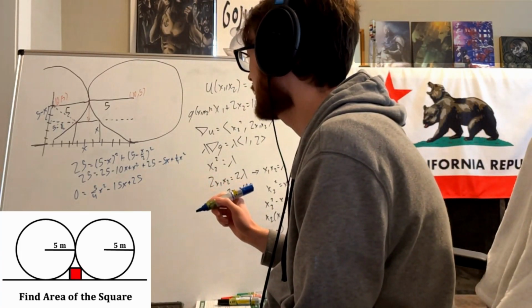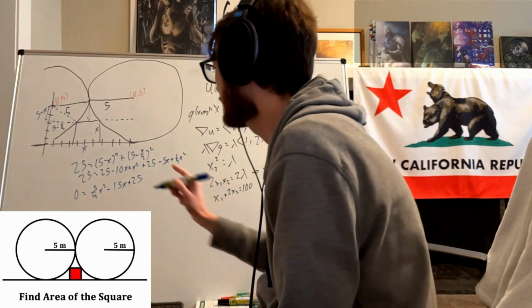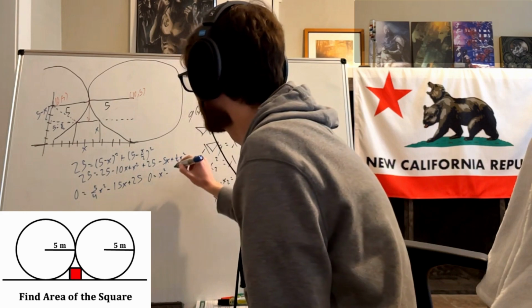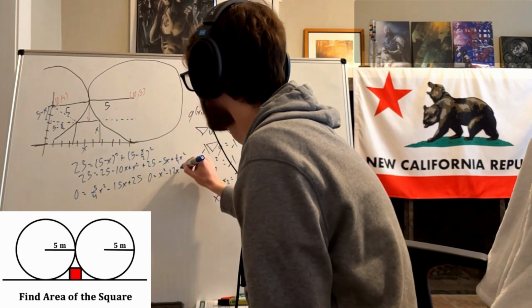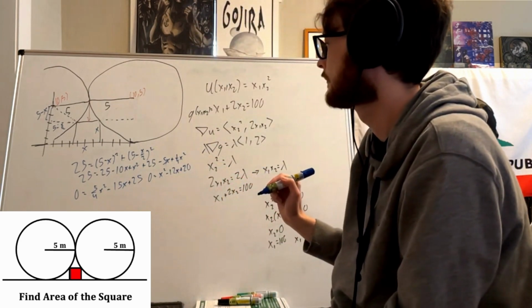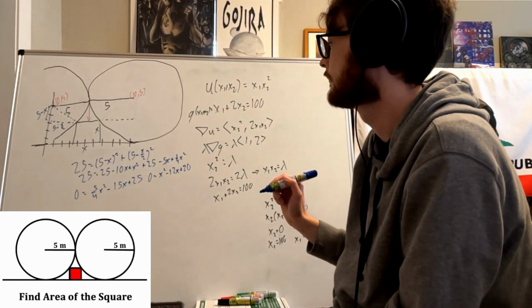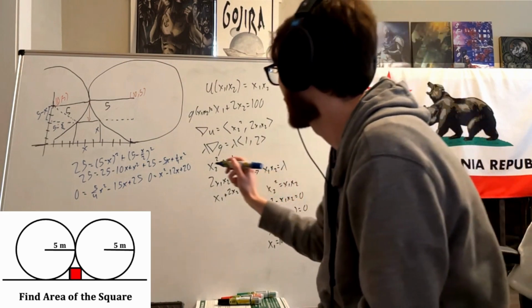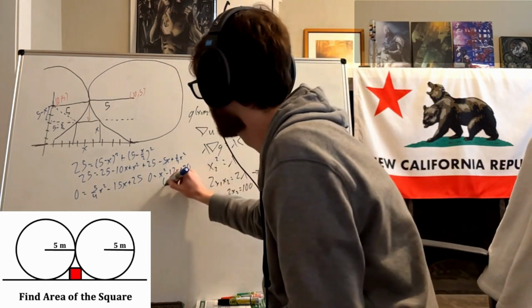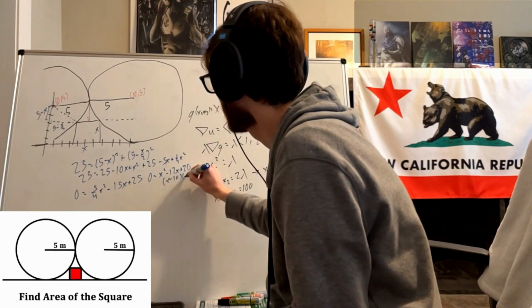Let's multiply the entire thing through by 4 over 5. Yeah, okay. That factors to 10 and 2. X minus 10, x minus 2.